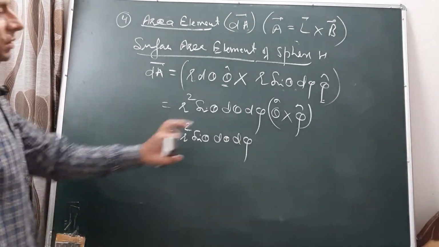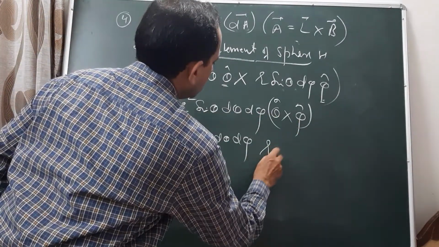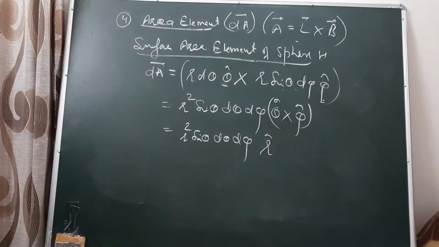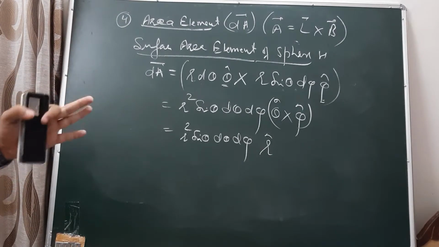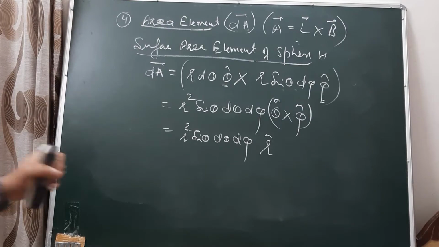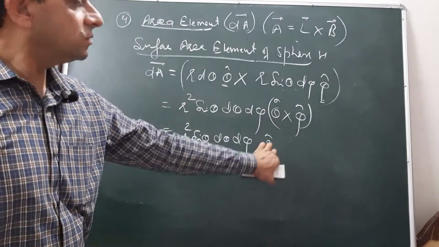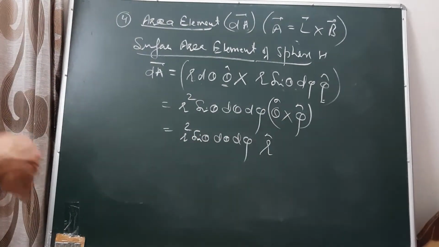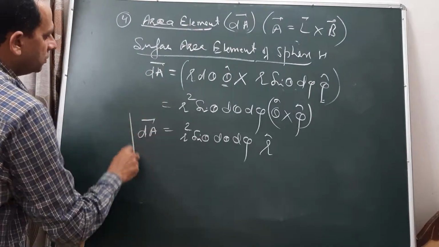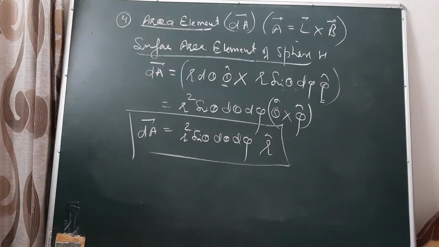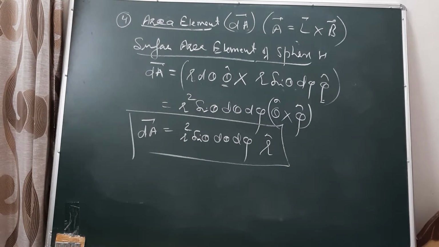So, we know that theta cross phi is r cap, as i cross j is k cap, j cross k is i cap, and k cross i is j cap. Similarly, theta cross phi is r cap and r cross theta is phi cap. So, here this is area element in spherical polar system or surface area element of a sphere.